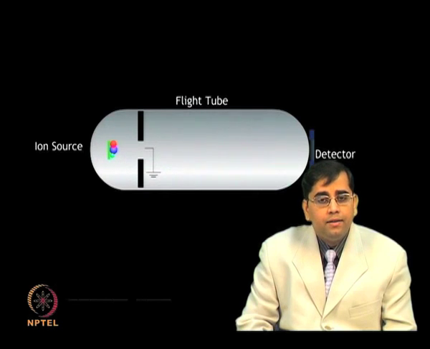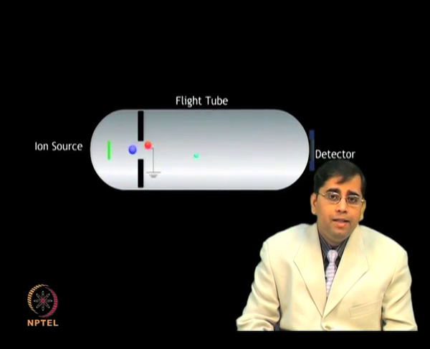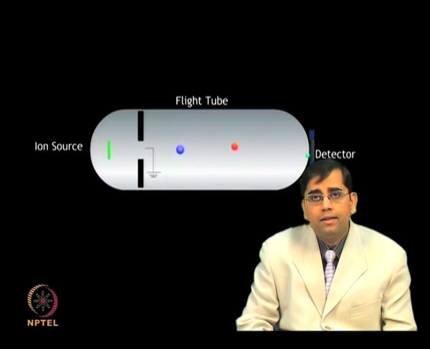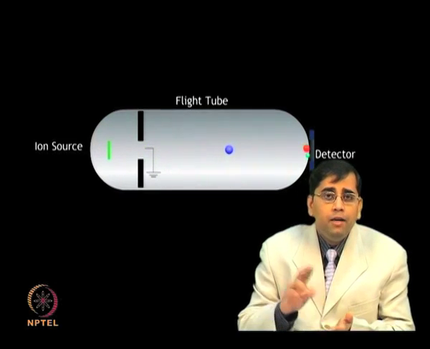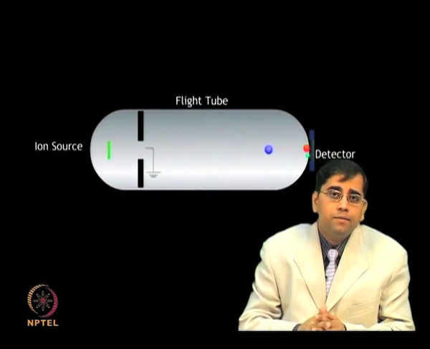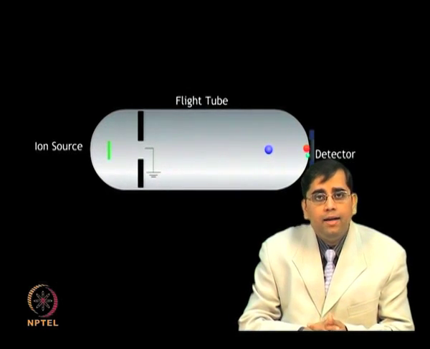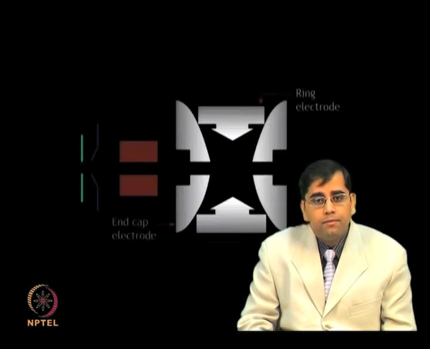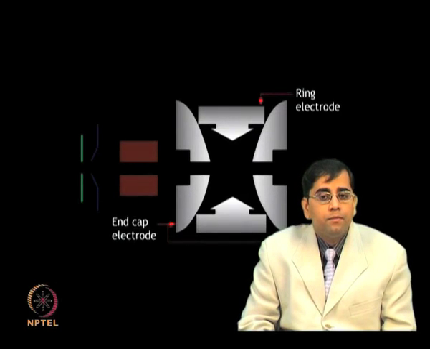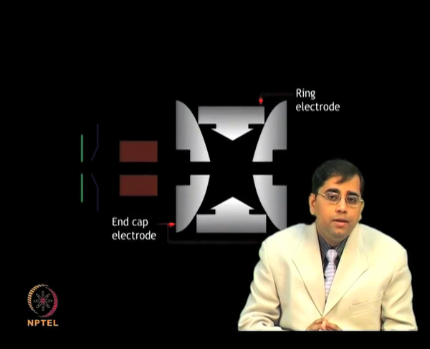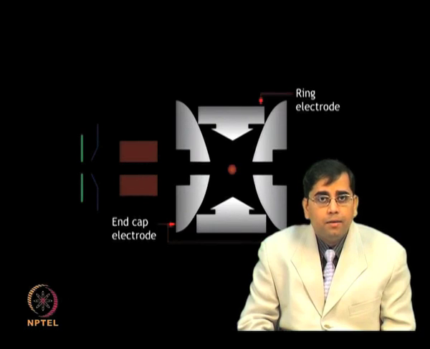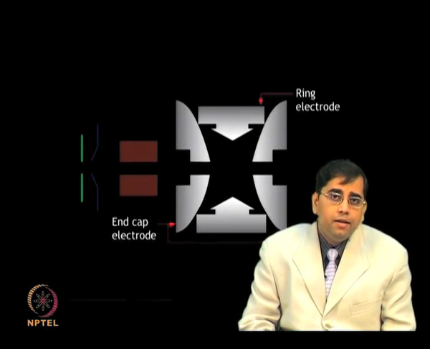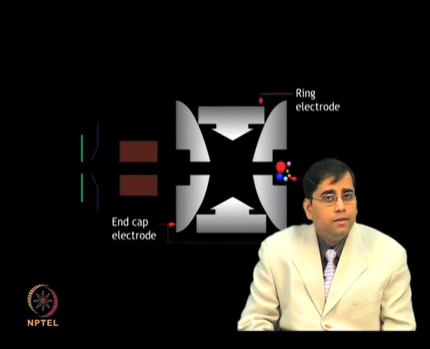The time of flight measures the m by z ratio of ions based on the time it takes for ions to fly in the analyzer and strike the detector. The ion trap traps ions using electrical fields and measures mass by selectively ejecting them to the detector.